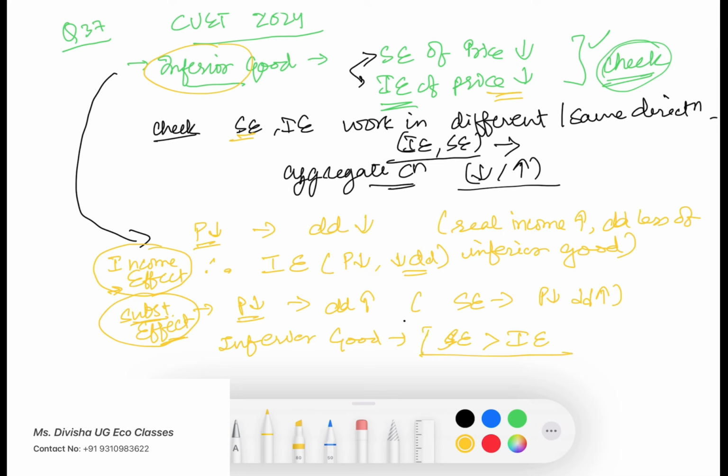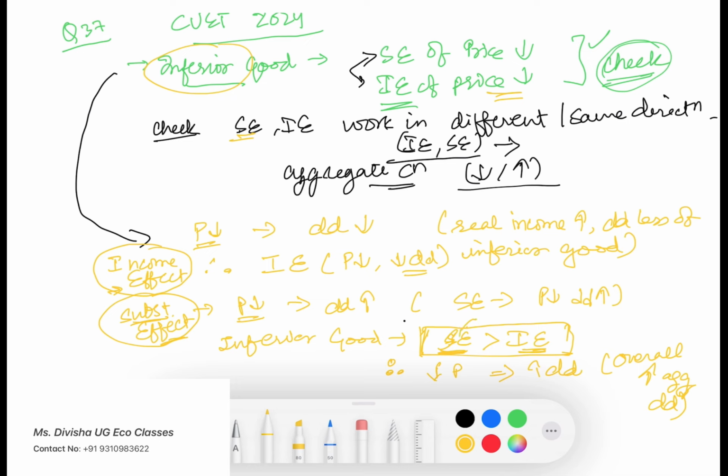However, for a Giffen good it is the opposite. Okay, so the substitution effect is greater than the income effect, and therefore a fall in price of the good will lead to an overall increase in aggregate demand. So there is an overall increase in aggregate demand because the substitution effect is greater than the income effect.